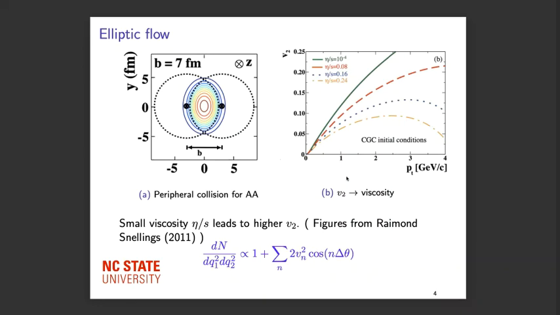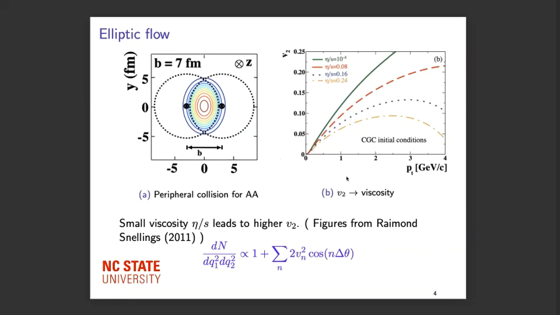So it has this almond-shaped intersection. As a result, let's say this is the y direction, this is the x direction. The pressure in the x direction is greater than the pressure in the y direction. So the particles will prefer to flow in the x direction, either the same direction or back to back.